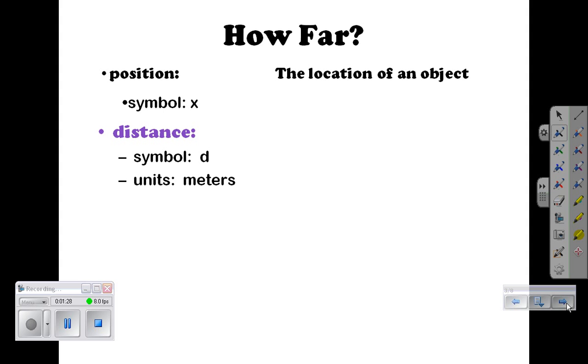All right, then we have this quantity called distance. Symbol, lowercase d. We're going to be using units of meters. And we have this other quantity, displacement. Sound a lot alike, but not interchangeable. They're not really the same thing.